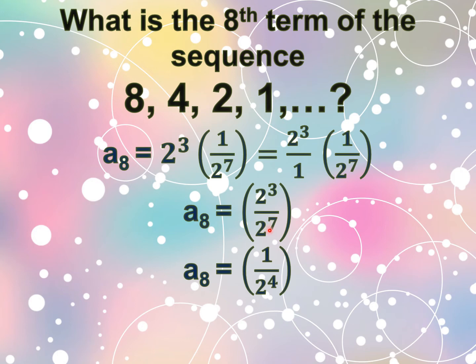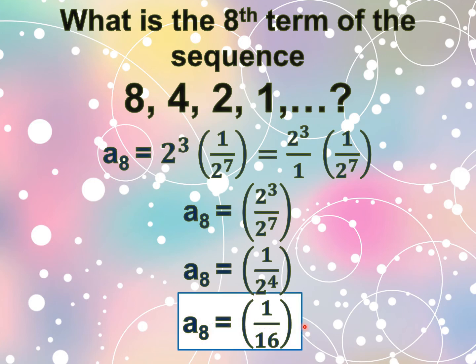So, since ang 7 ay nasa denominator, which is mas mataas kesa 3, ilagay natin siya sa denominator. And then, simplify na natin ngayon yung 2 raised to 4. So, 2 raised to 4 is equal to 16. Dahil 2 times 2 is 4, 4 times 2 is 8, and 8 times 2 is 16. So, 4 na beses nating minultiply yung 2 sa sarili niya. Kaya, ang ating a sub 8 ay 1 over 16.